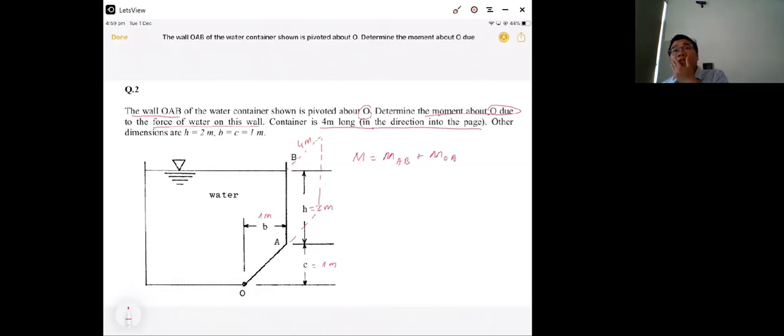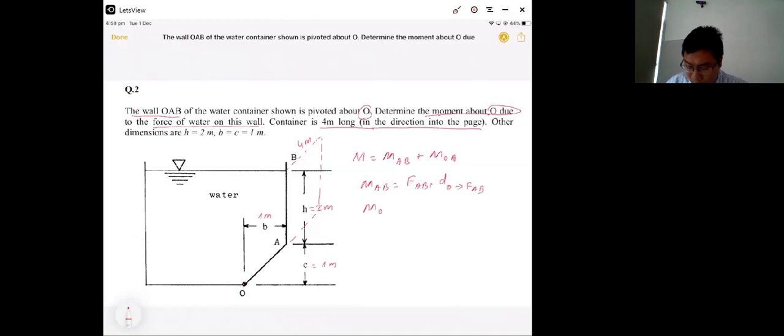Okay, the moment will be equal to the moment by the force applied to AB and the force applied to OA. Moment AB will be equal to the force applied to AB times the distance from O to FAB.